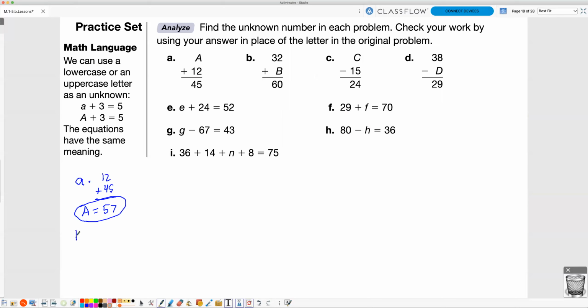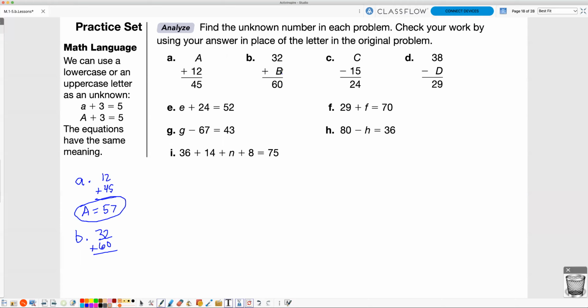Let's do letter B right here. If you have 32 plus B equals 60, go ahead and answer that. All right, and this is what it would look like. So if you have 32 plus 60, why am I adding it? Because these are two add-ins that equal a sum. So if I have a missing add-in, it's an addition problem.